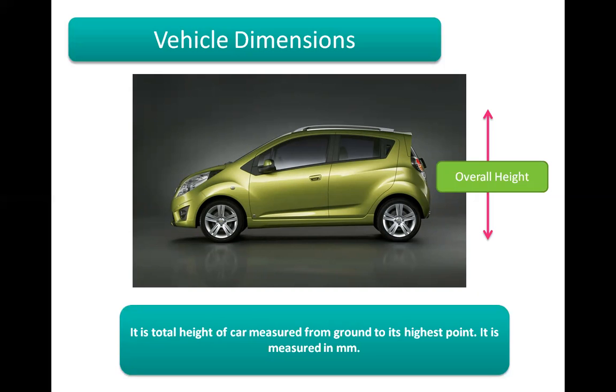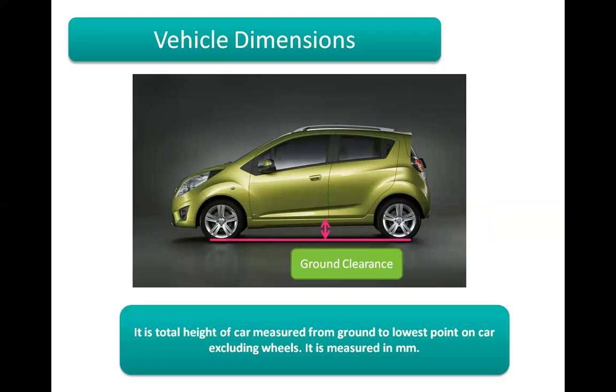It is measured in terms of millimeter. If you see the picture shown, the overall height of the car from the ground to its highest point represents the total height. It is always measured in terms of millimeter.